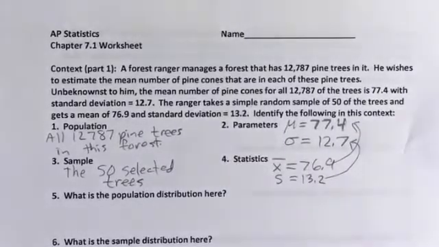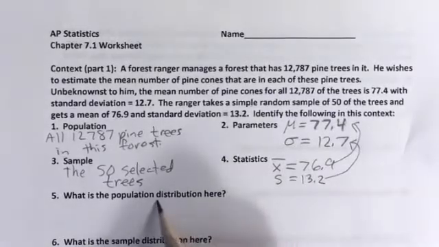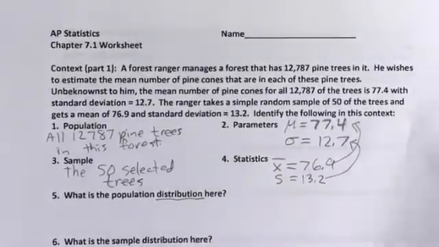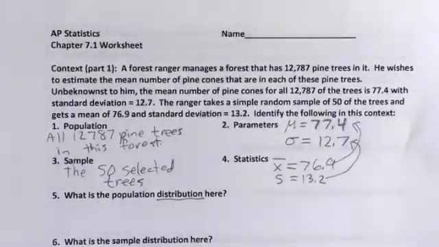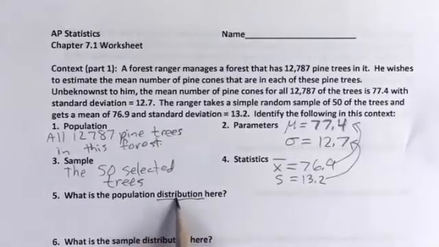So what is the population distribution? A distribution is a list of numbers and how often they are taken. The population distribution is just the numbers in the whole population.